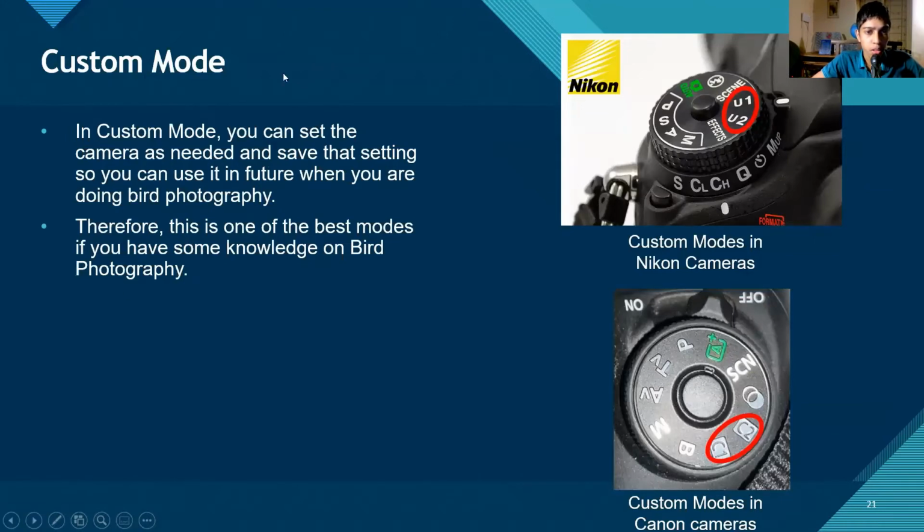In the custom mode, you can set the camera as needed and save that setting so you can use it when needed. It's something like, if you photograph a bird and save that setting in this custom mode, you can use it again when you are photographing a bird, and at other times you can use other settings.